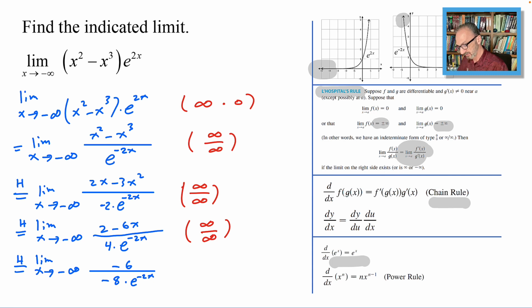You could simplify the negative signs and the 6 and 8, but clearly the top part is a constant. The lower part, because of the second graph, is going to go to infinity, and the final answer should equal 0. And that should do it.